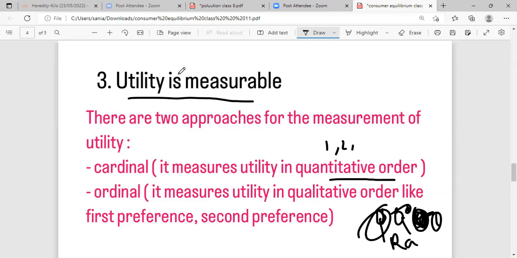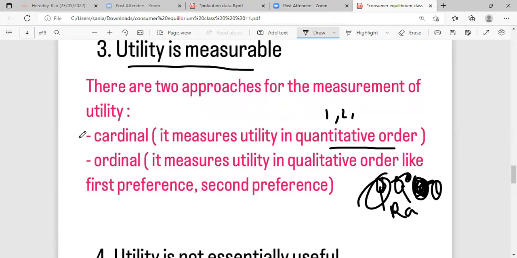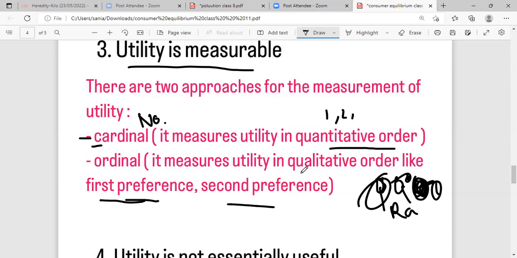So you can measure utility with the help of two approaches. Cardinal means you can measure in terms of numbers. But here you are not going to measure in numbers. You are just going to give preferences, like the first preference, second preference, because this is a qualitative measure. Clear? Yes, ma'am. Yes, teacher.